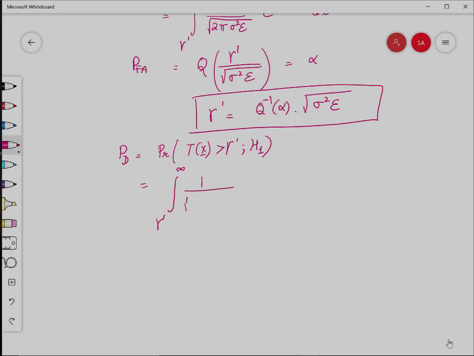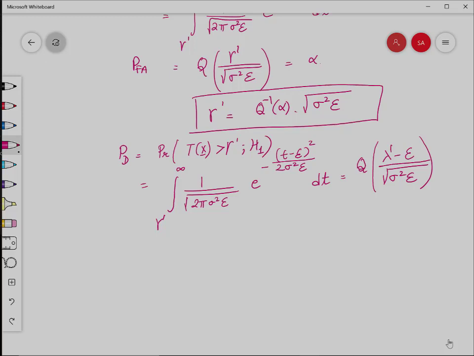Now I'm going to write the distribution of the test statistic under H1, which is 1 over the square root of 2 pi sigma square E, times the exponential of minus T minus E whole square over 2 sigma square E, dt, since the mean is E. And in our Q function notation, this is Q of gamma dash minus E divided by the square root of sigma square E.